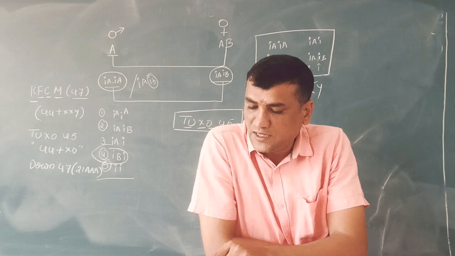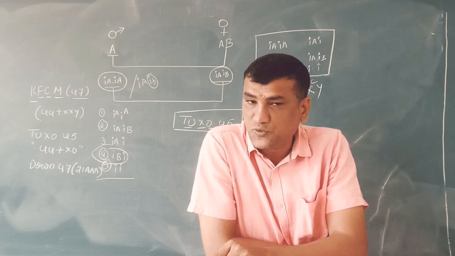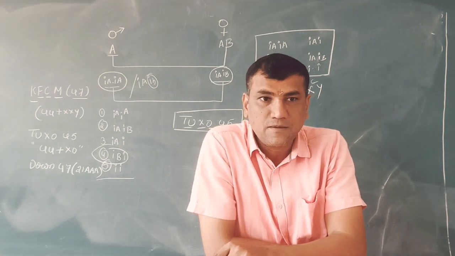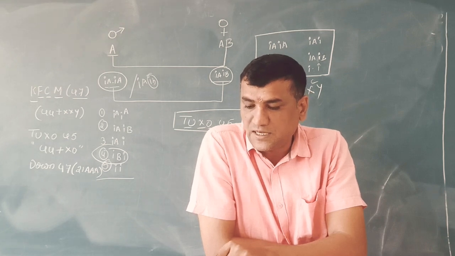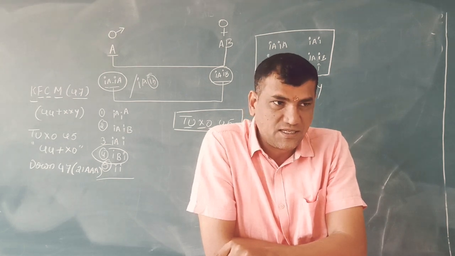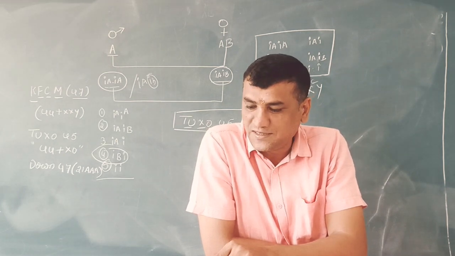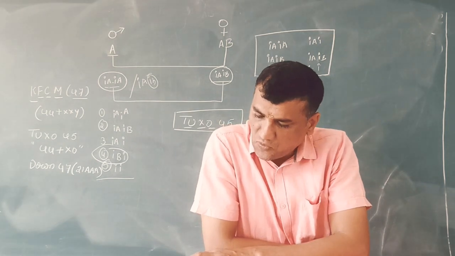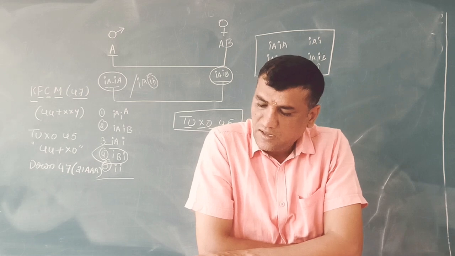So already the gene frequency is there, so the third option cannot be the answer. The fourth option is also not the answer. Genetic drift is not it, and gene migration is also not the answer. The only answer is gene flow.